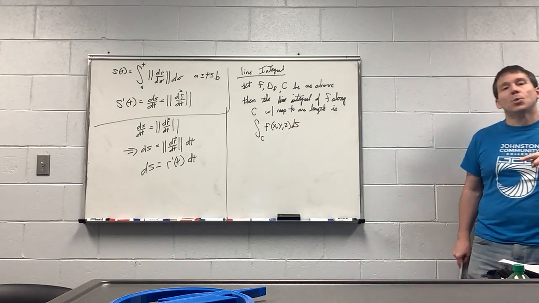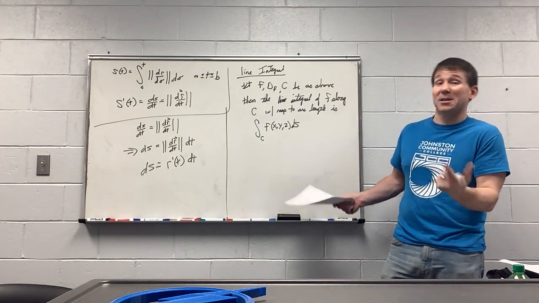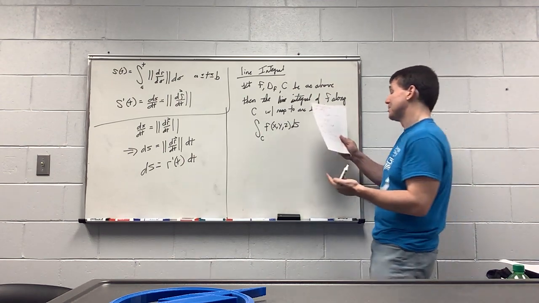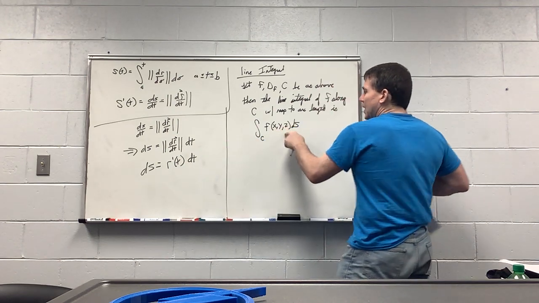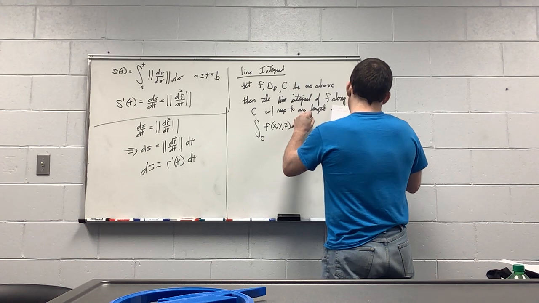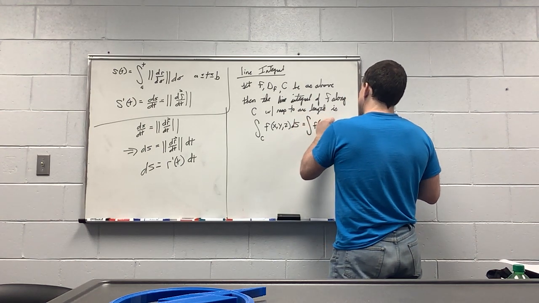And we never liked working with ds before because you have to do all the algebra to get the arc length parametrization, and it made everything really messy and awful. And a lot of times we couldn't actually solve those problems. But now I know how to get f along C using my pullback. That is the integral of f of r of t.